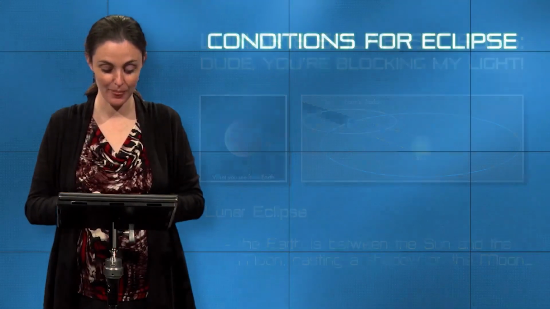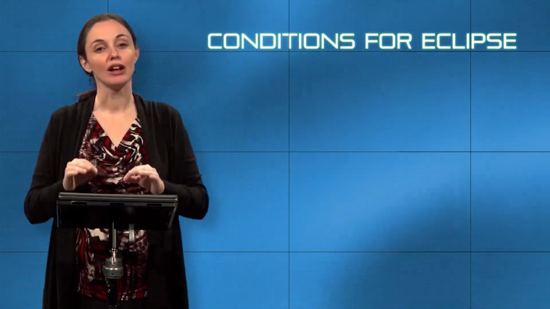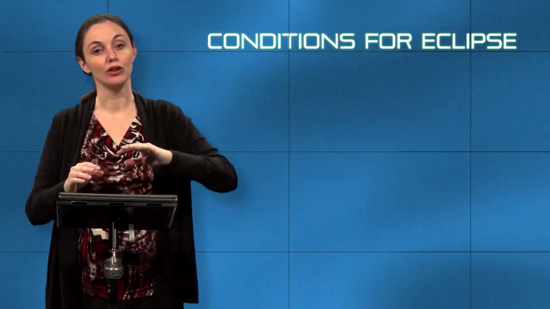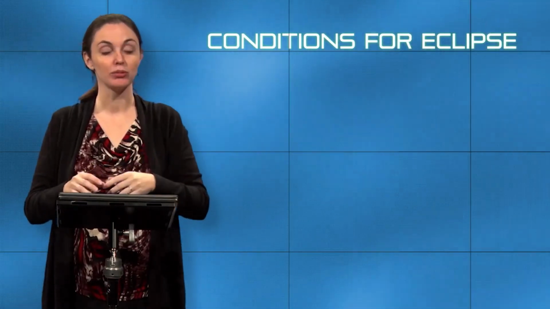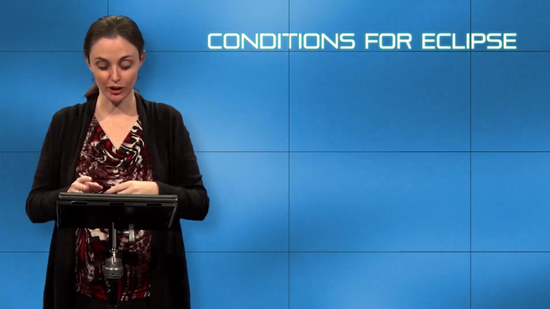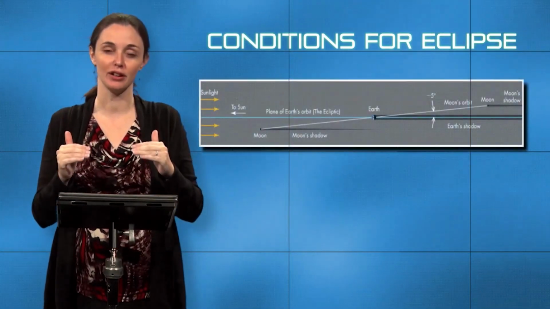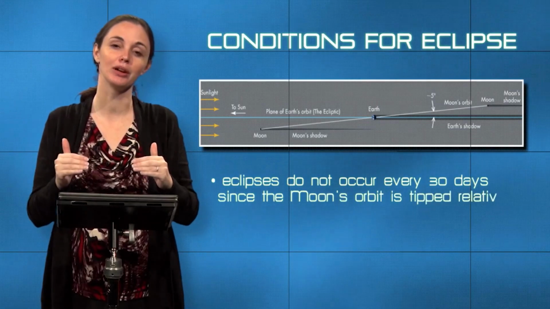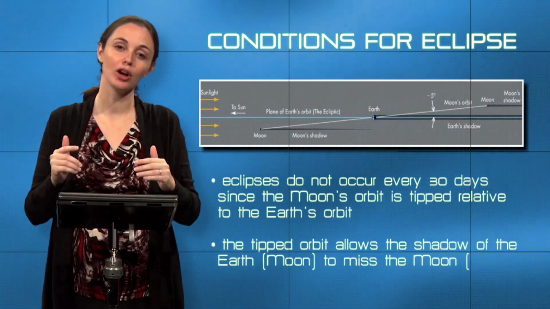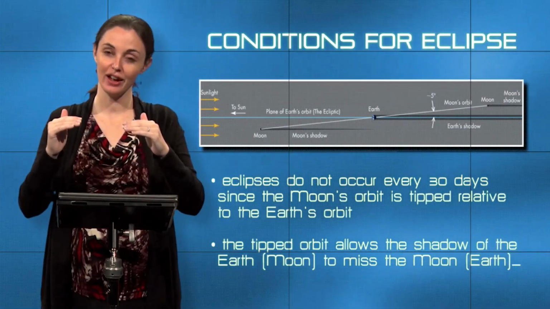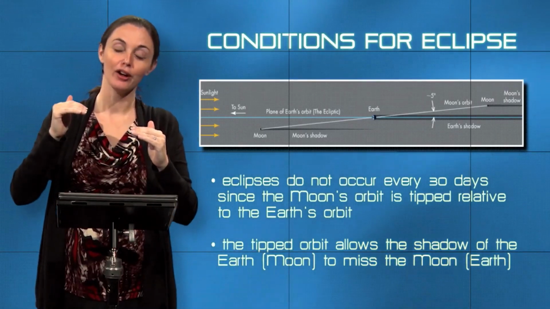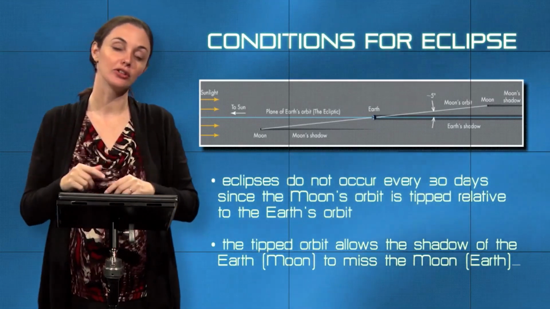So not only do you have to have the moon in the right phase, the new moon phase for the solar eclipse and the full moon phase for the lunar eclipse, you also have to have these orbits line up perfectly. And they seldom do because the orbit of the moon around the Earth is inclined 5 degrees away from the orbit of the Earth around the sun.